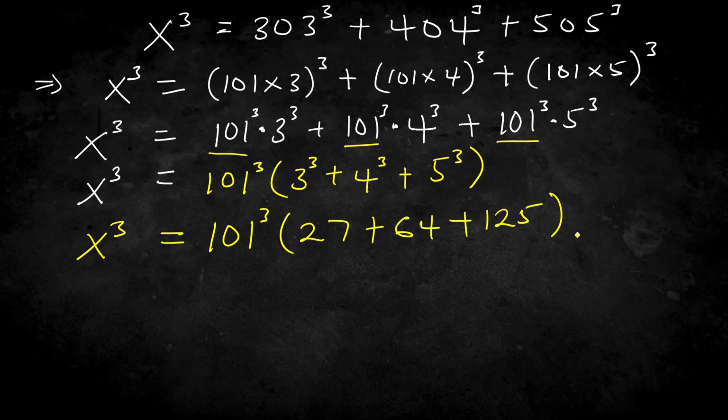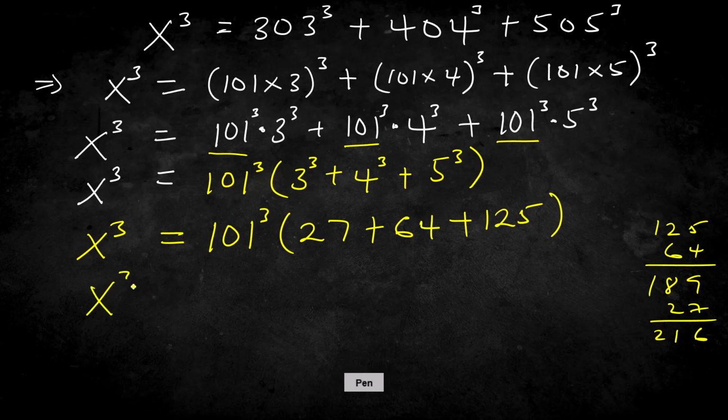Let's put them together: 125 plus 64 gives 189, plus 27 gives 216. So we have x cube equals 101 cube times 216.